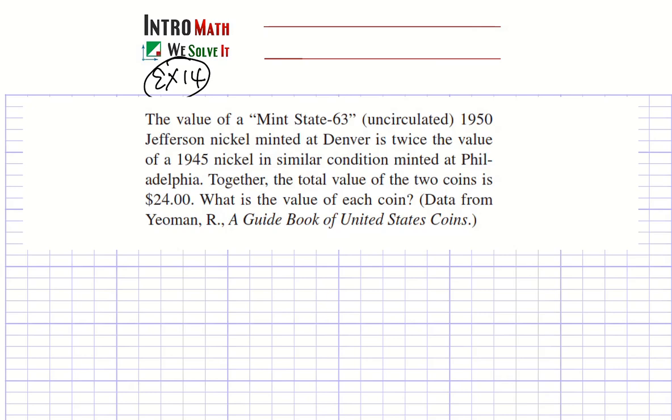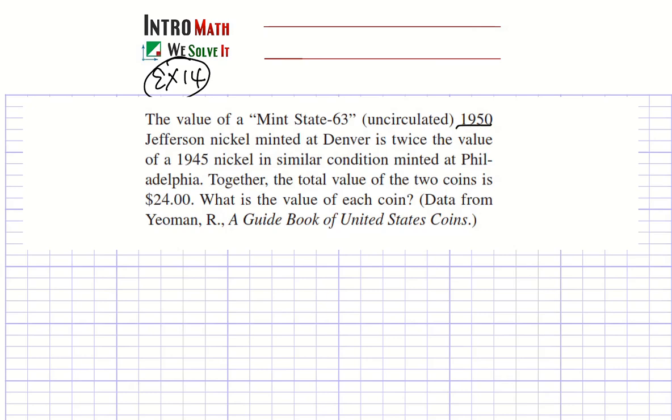Together, the total value of the two coins is $24, right? What is the value of each coin? I don't understand this. The value of a mint state 63 uncirculated 1950 Jefferson nickel minted at Denver is twice the value of the 1945 nickel.